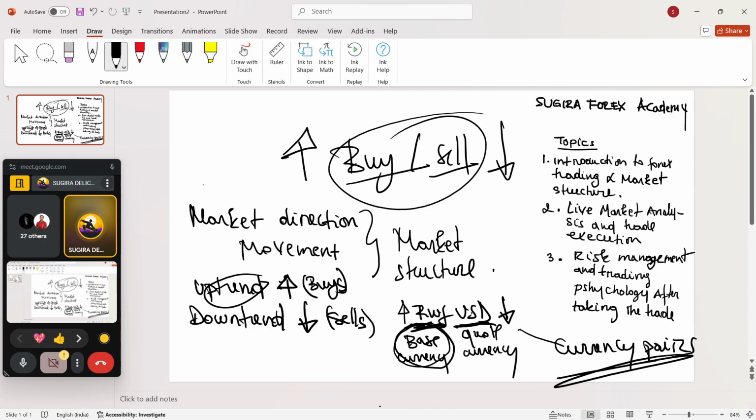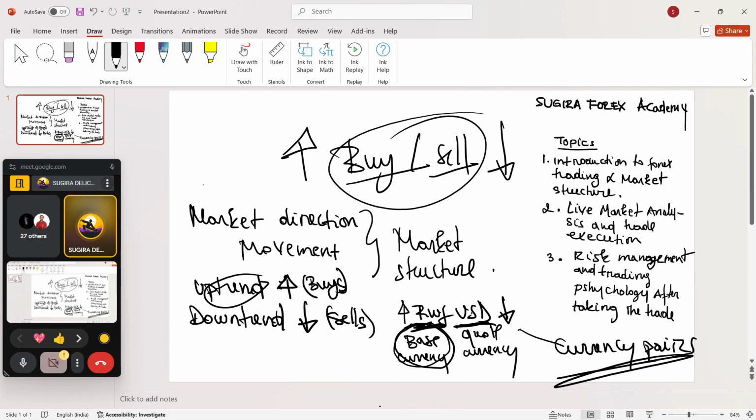Anytime someone asks you, I know most of you might be traders, but once I ask you why are you buying, what's the meaning of you buying? If you're buying the market, remember you're playing between these two countries' economies.